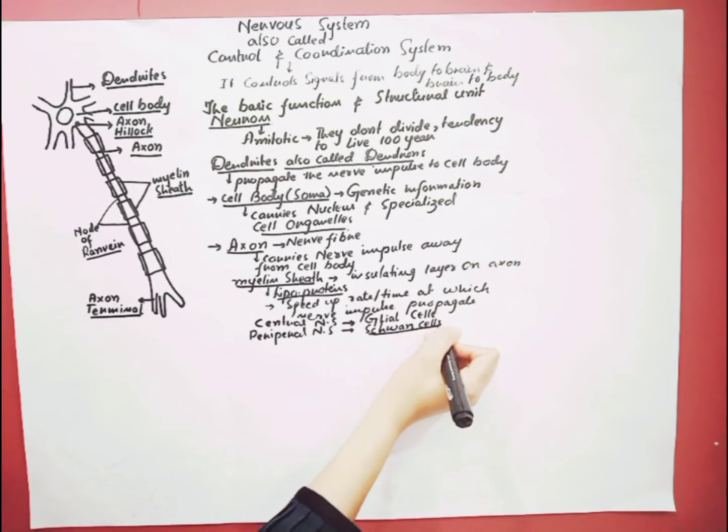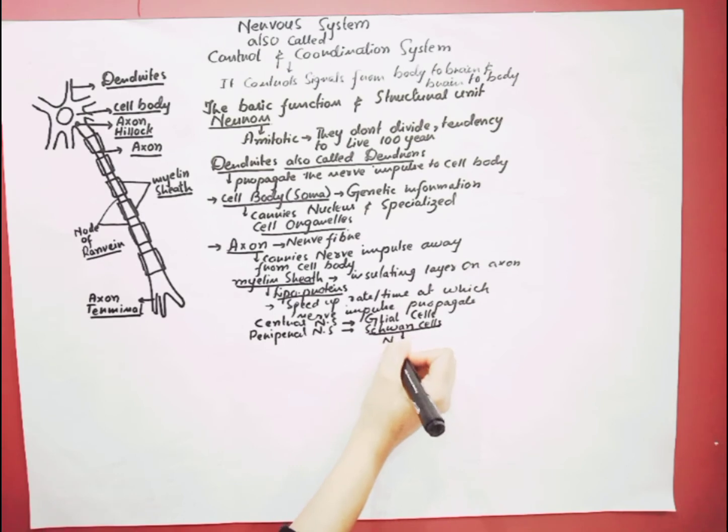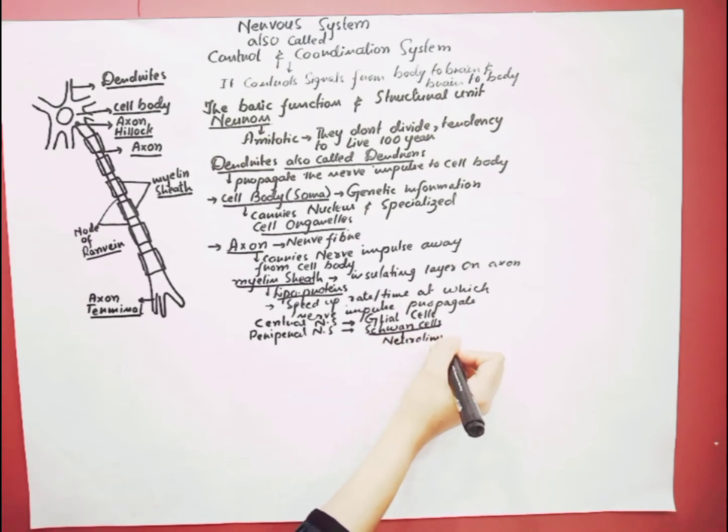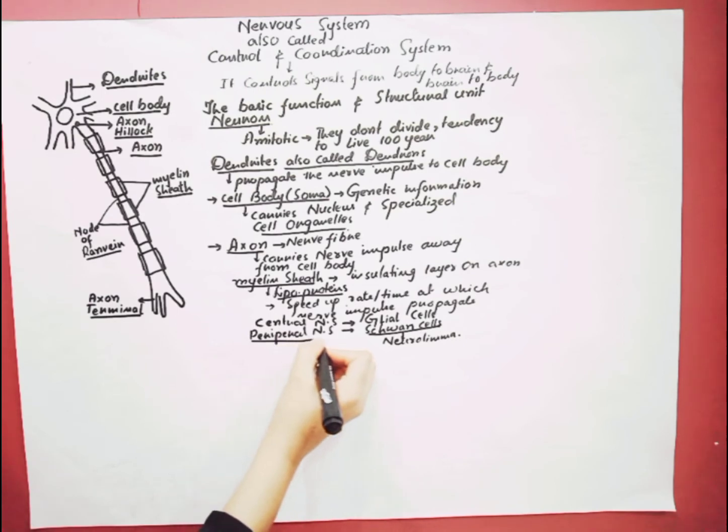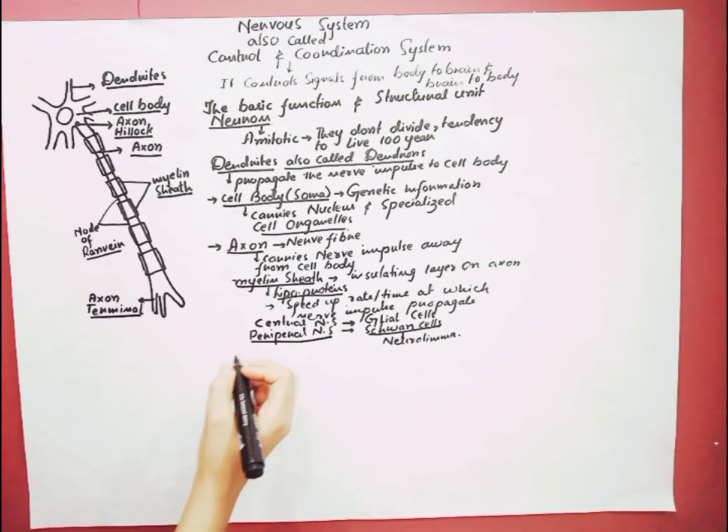What are these Schwann cells? The Schwann cells, also called neurolemma. These Schwann cells, as I told you, are present in peripheral nervous system that produce myelin sheath around neuronal axon.